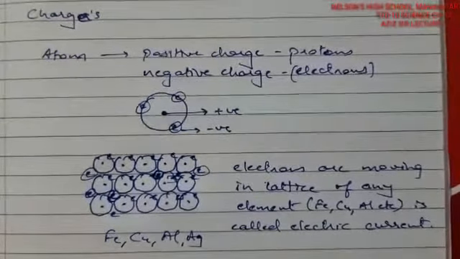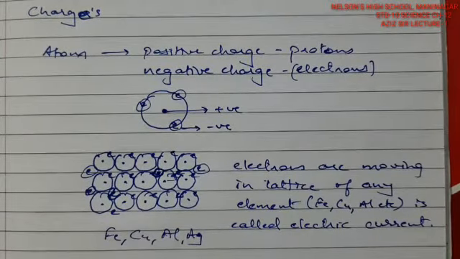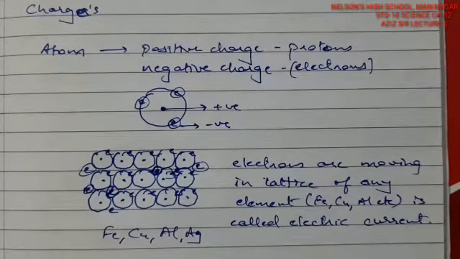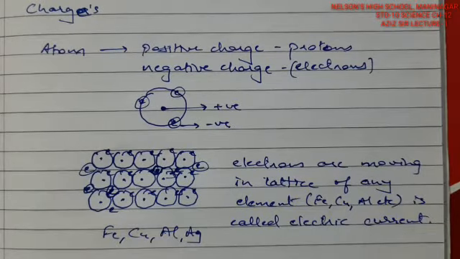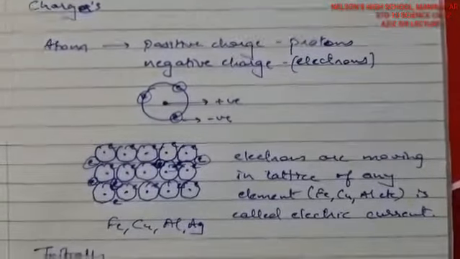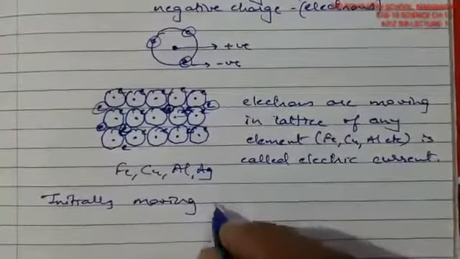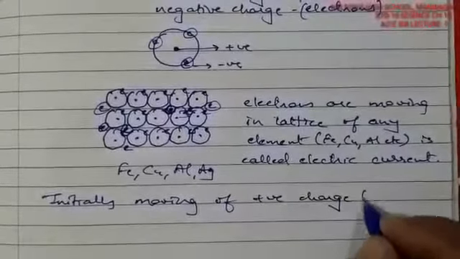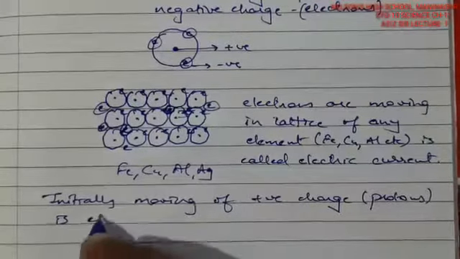Now we understand what charges are. First of all, the charges, as I told you, are of two types, positive and negative. Initially we understood that electric current is nothing but the moving of positive charge, that is protons.